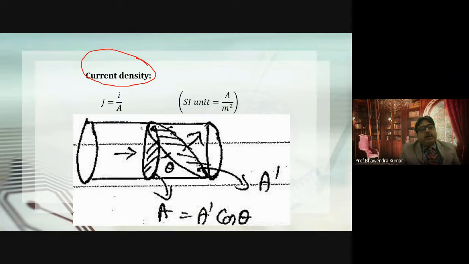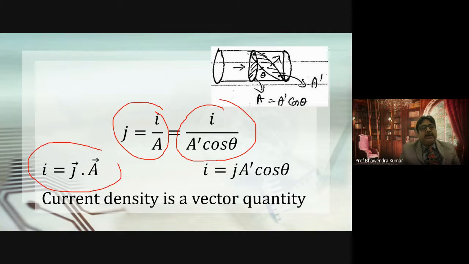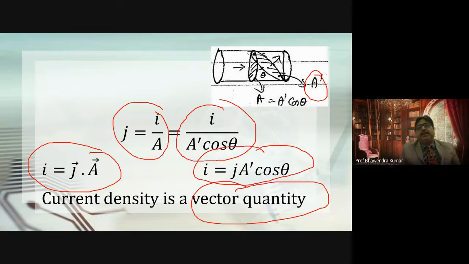We have to take the component of area that is perpendicular to the flow of the current, and J will be written as I divided by A, or I divided by A dash into cos theta. In the vector form, I is equal to J vector dot A vector. Here, if I'm talking about the area A dash, then it will be J A dash into cos theta. Current density is a vector quantity.